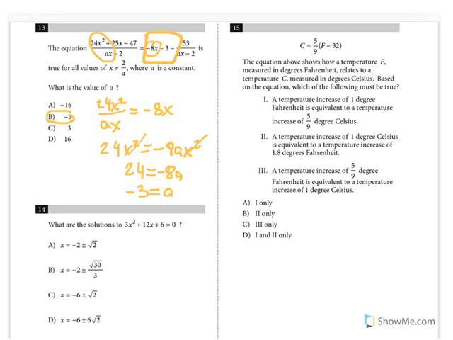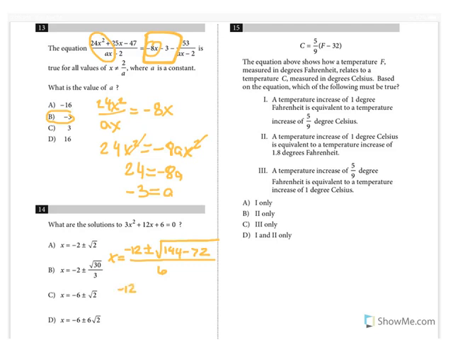What are the solutions to 3x squared plus 12x plus 6 equals 0? Looking at the answer choices, we have all irrational answers, which means we're going to go to our quadratic formula. So x equals negative b plus or minus the square root of b squared minus 4ac, divided by 2a.